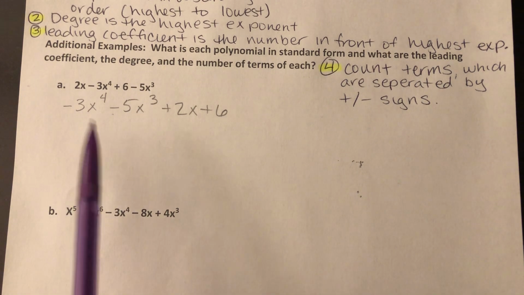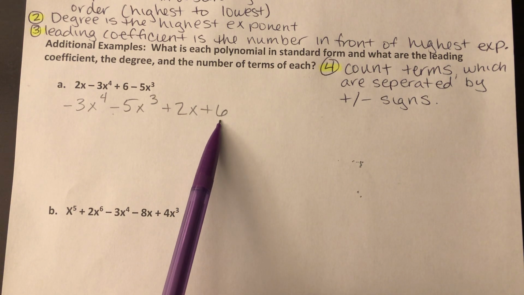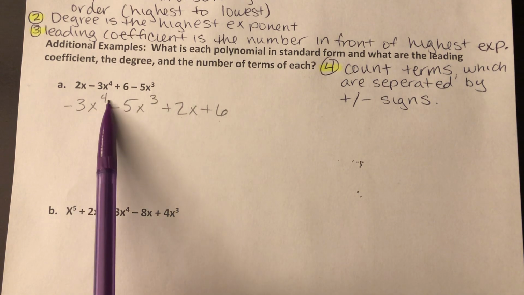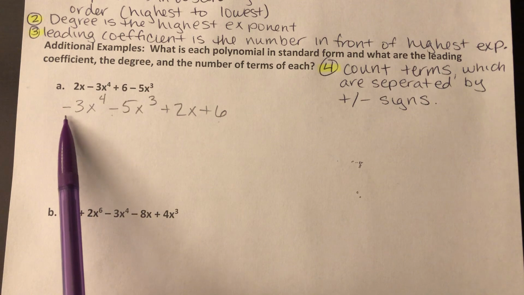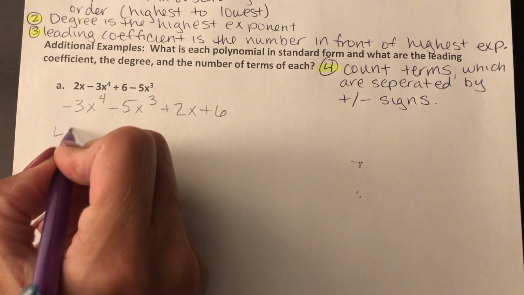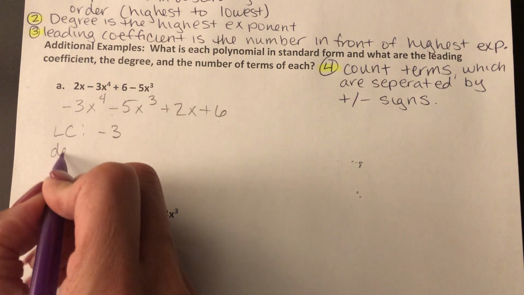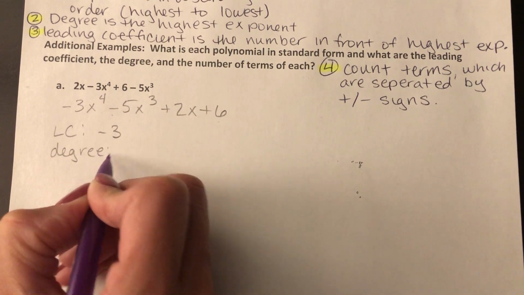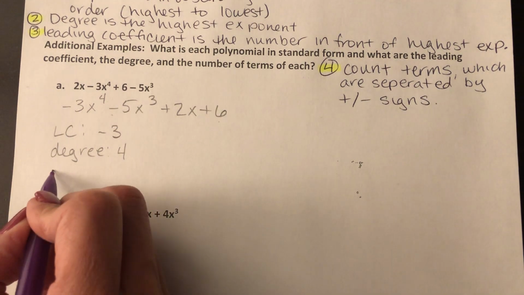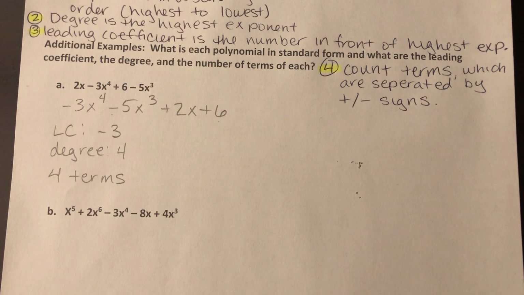So this is a polynomial with 1, 2, 3, 4 terms, and it has a degree of 4 and a leading coefficient of negative 3. So the leading coefficient is negative 3, the degree is 4, and it is a 4-term polynomial.